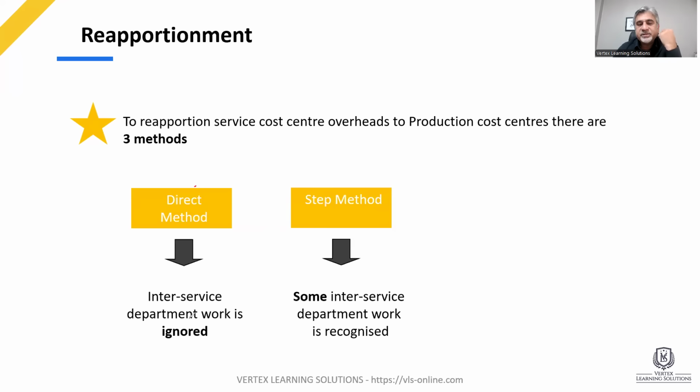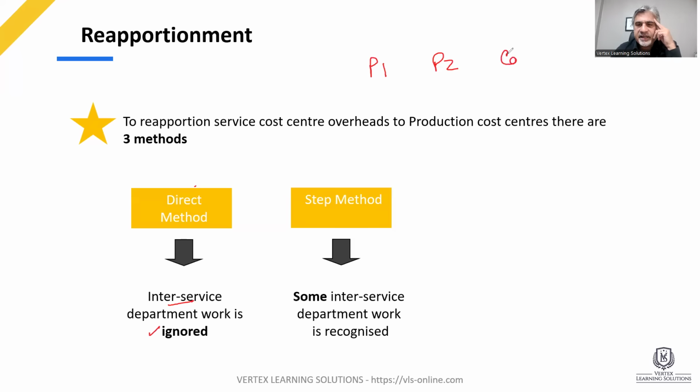In direct method, we say that inter-service department work is ignored. So what does that mean? It means that if you have two service departments, let's suppose production one you have, production two you have, service one you have, service two you have. And let me give them names so that you can create a picture in your mind.